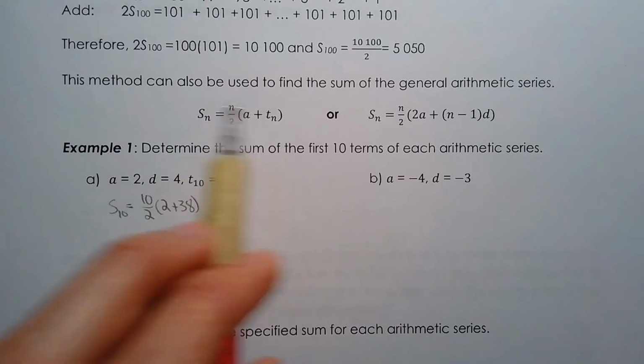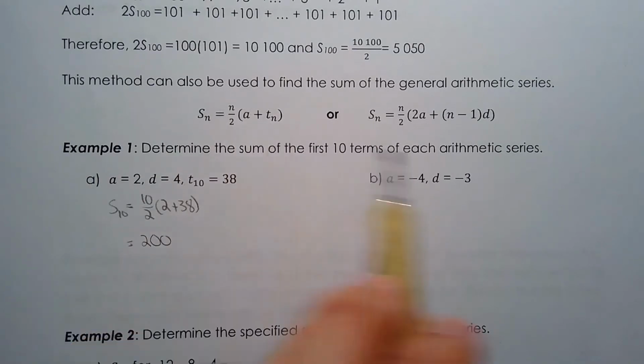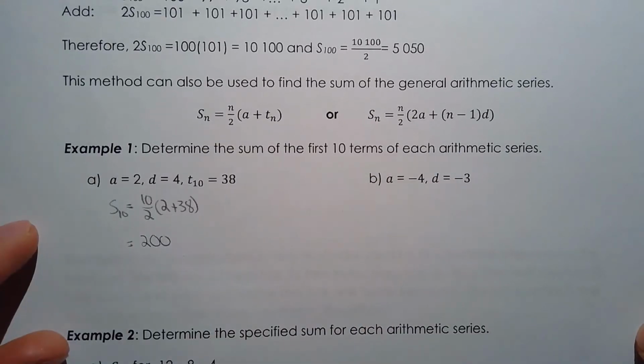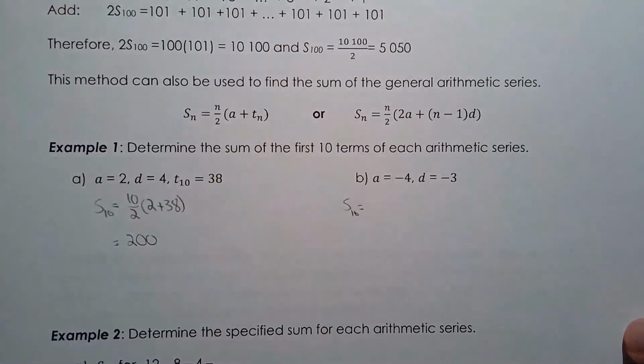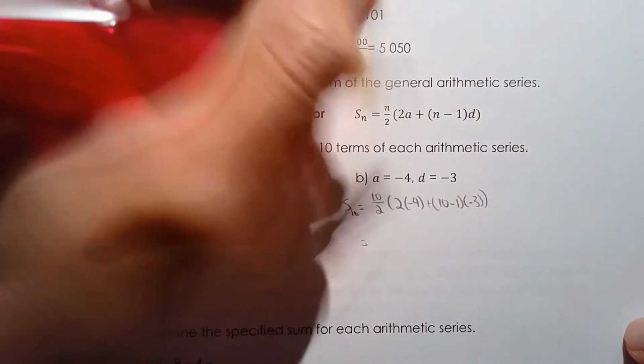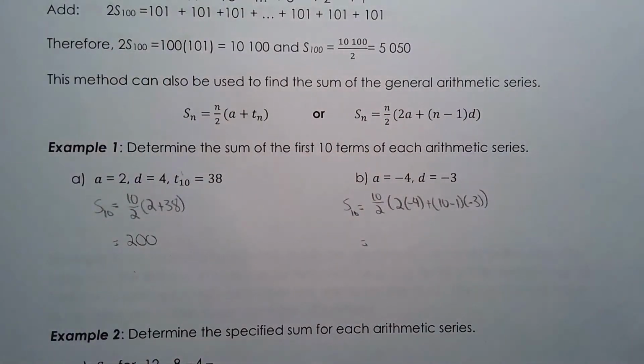So the sum of the first 10 terms of this arithmetic series is 10 over 2, 2 times negative 4, plus 10 minus 1 times negative 3. Well, punch that in, and let's see. So that's negative 27 minus 8 times 5, negative 175. So the sum of the first 10 terms of this arithmetic series is negative 175. Beautiful.